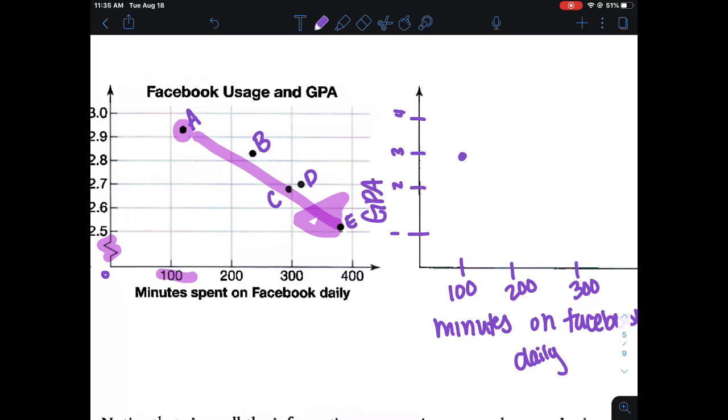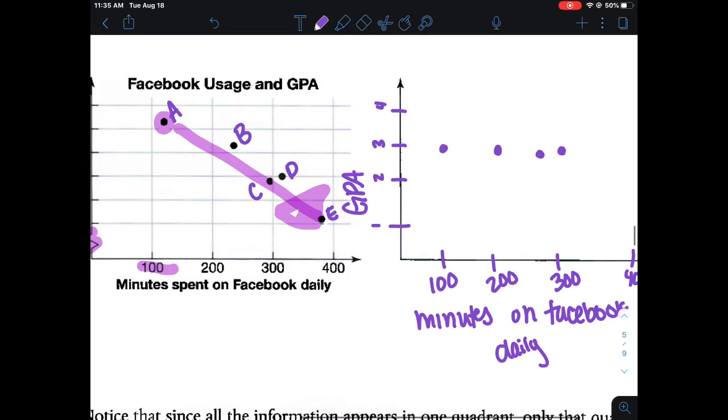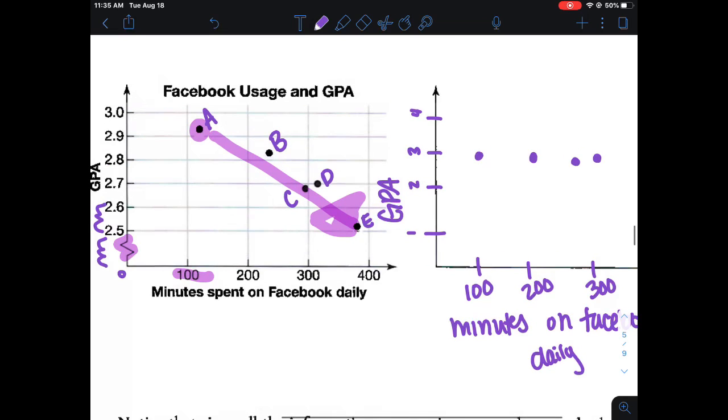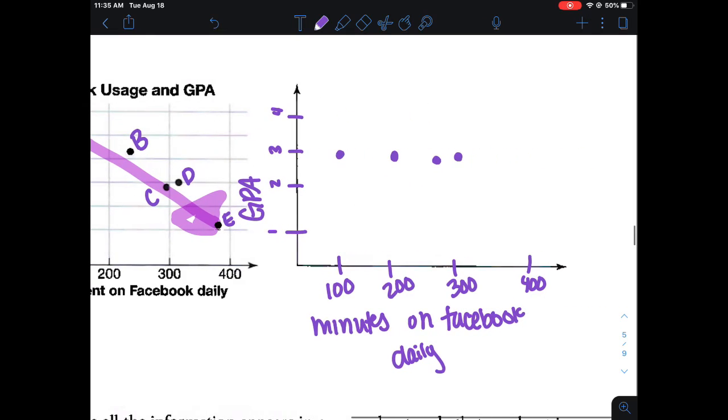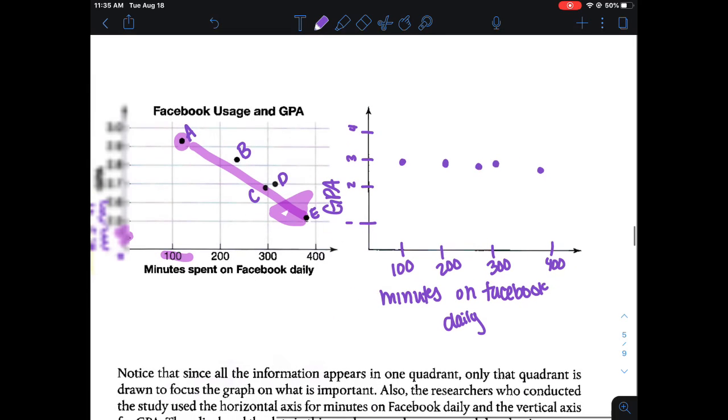So maybe right here. Point C is a little less than 300 and almost a 2.7 GPA. D is over 300 minutes, a little bit higher GPA. And then E is less than 400 minutes and about a 2.5 GPA. So right here.